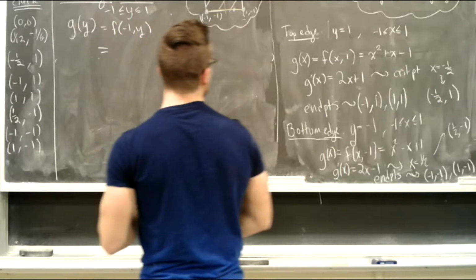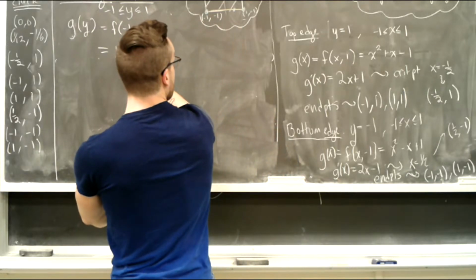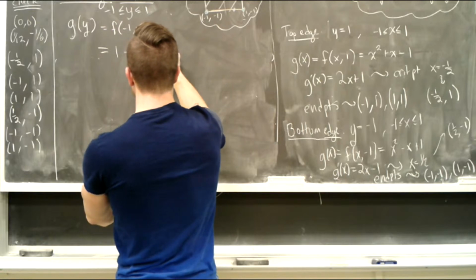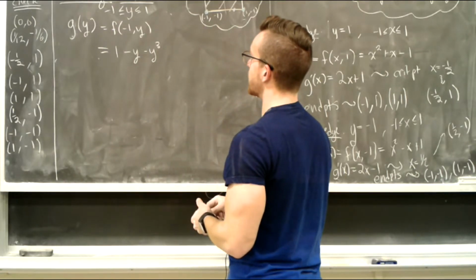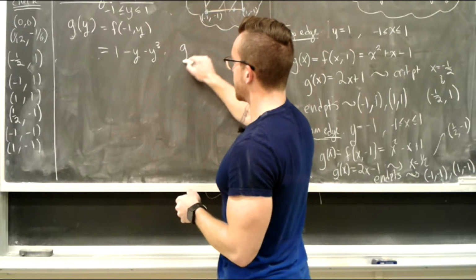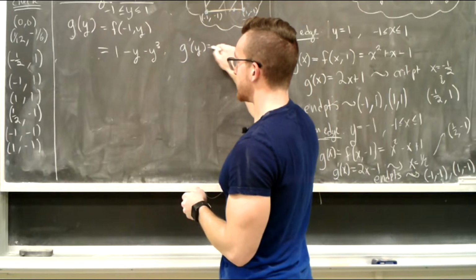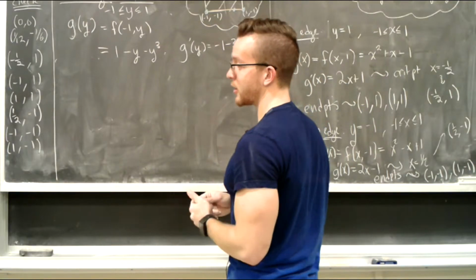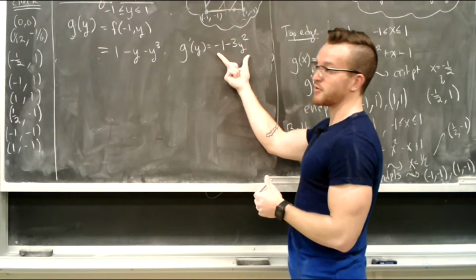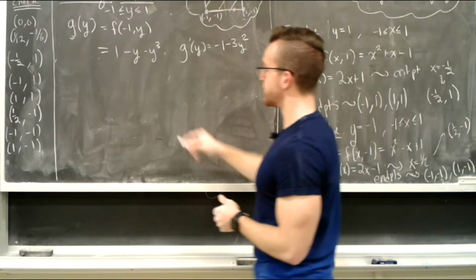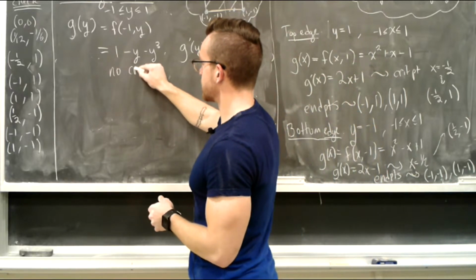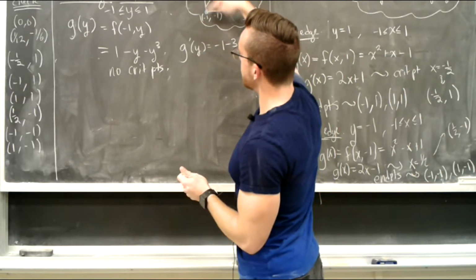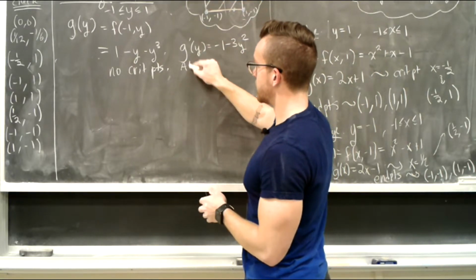And this boundary function would be 1 minus y minus y cubed. Uh-oh. g prime of y is -1 minus 3y squared. Is this ever 0? Nope, never 0, so no critical points.